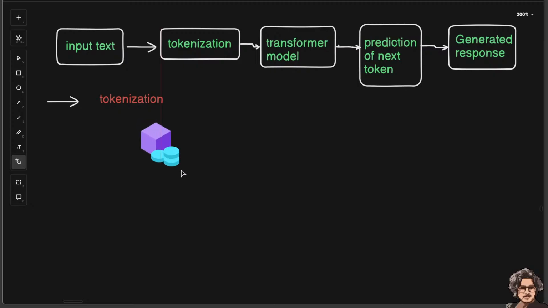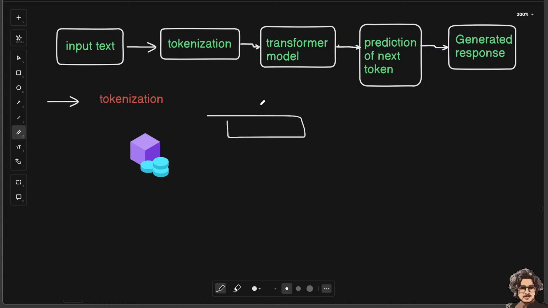This is tokenization: breaking things into smaller pieces. For example, we have some text and we split it into two parts. These two parts are known as tokens.